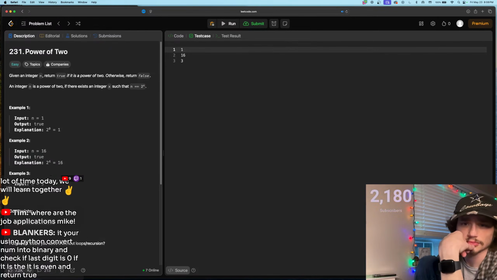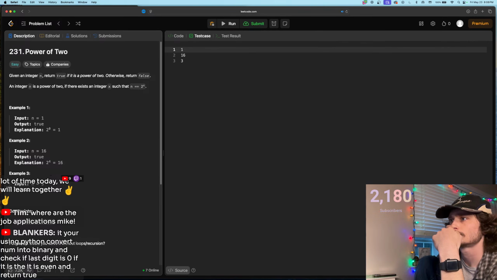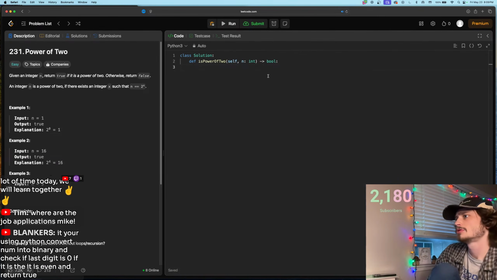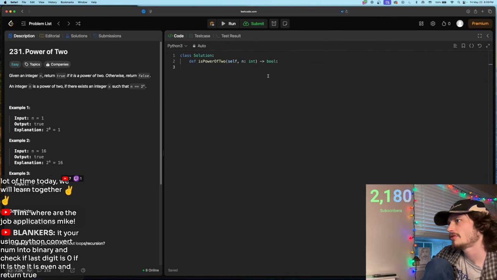Let me pull up. Okay, so an integer is a power of 2 if there's an integer x such that n equals 2 to the x. So we need to find a value of x.